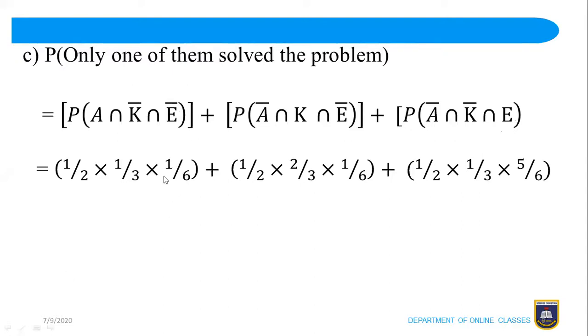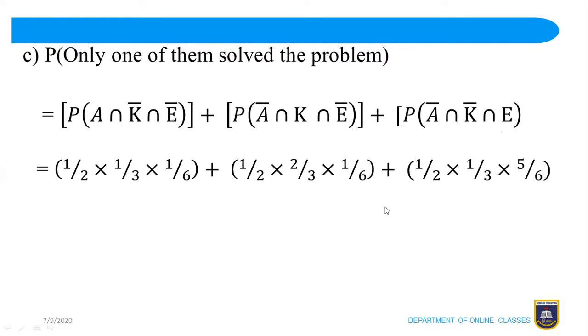The whole of this expression plus another expression, 1 over 2, which is the probability that Abina will not solve, times 2 over 3, which is the probability that Kwame will solve, times 1 over 6, the probability that Ernest will not solve, plus the last expression, the probability that Abina will not solve, 1 over 2, times the probability that Kwame will not solve, 1 over 3, times the probability that Ernest will solve the problem, 5 over 6.